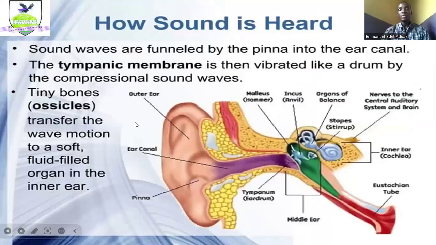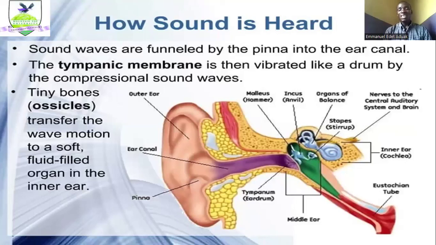How is sound heard? Sound waves are funneled by the pinna into the ear canal. The tympanic membrane is then vibrated like a drum by the compressional sound waves.